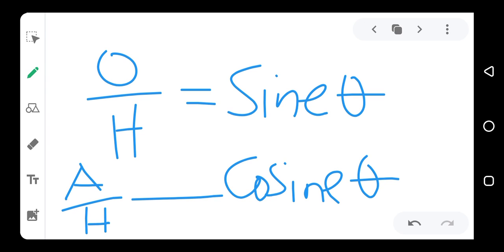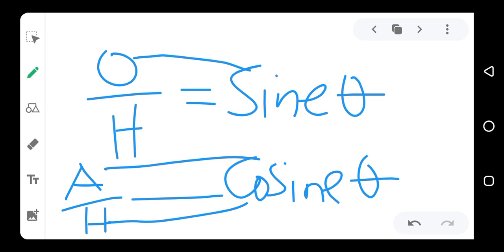To remember this: opposite over hypotenuse, so this gives us SOH, and adjacent over hypotenuse is CAH. That is, we take the first one here, adjacent, and then we write the second one, hypotenuse. This one, we take the first one and then we write the second one.